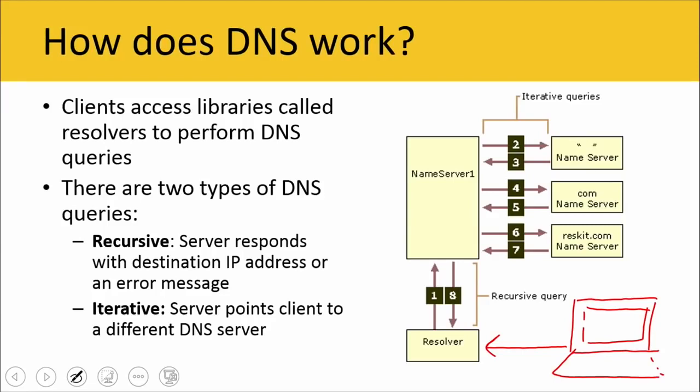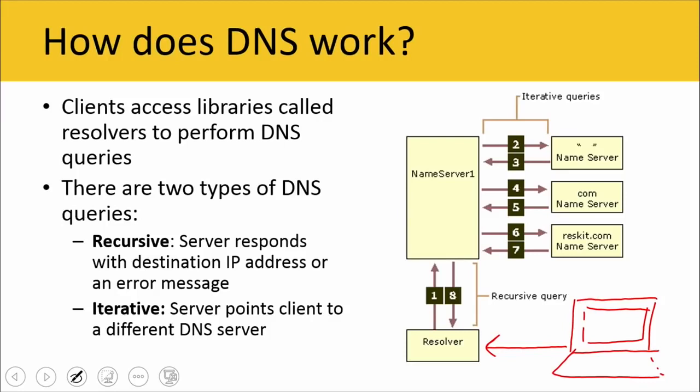Now, when the resolver goes to work, it expects that response, and it tries to get it from the name server. The name server might do some work in the background, and it actually embarks on making some iterative queries. What happens first is if the name server doesn't have the IP address in its cache file, which is like the phone book reference that I made earlier, then it's going to send an iterative query to the root name server.